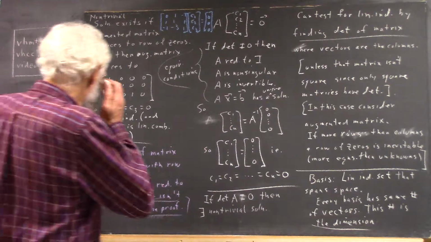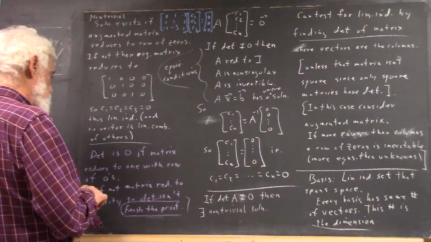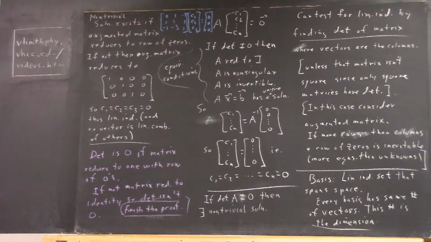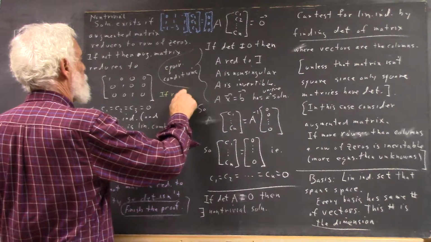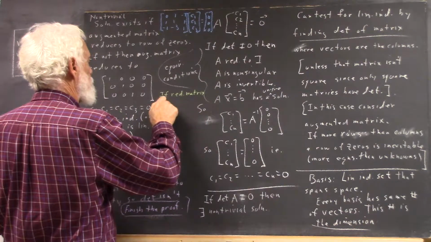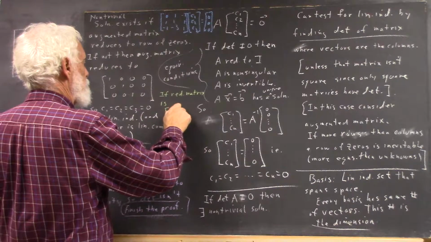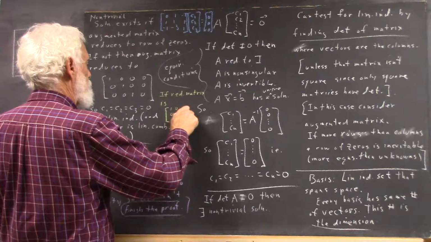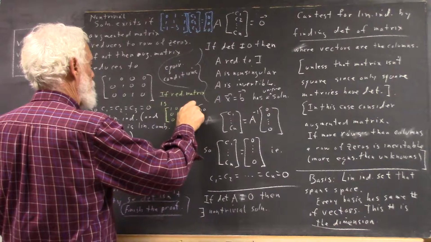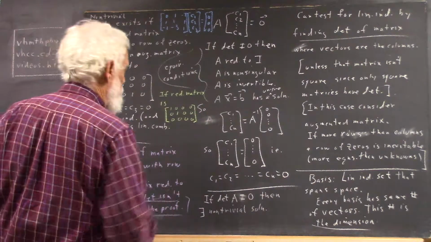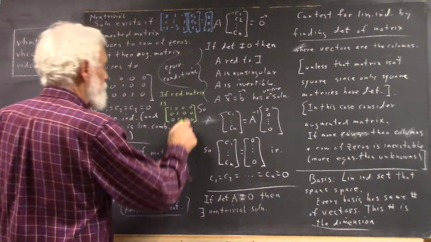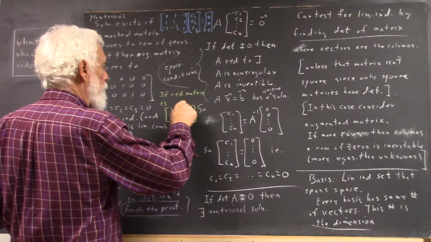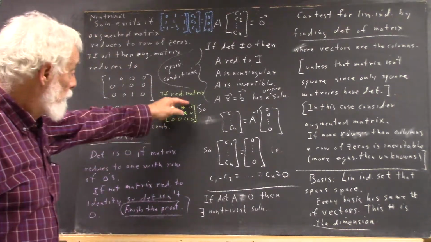Another possibility is, if the reduced matrix is this, or even if you have some non-zero number here and here, you're still going to have zeros over here, as we said before.